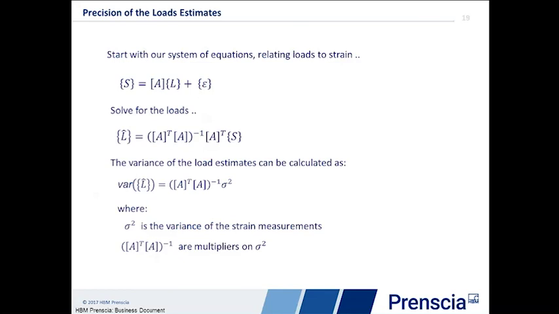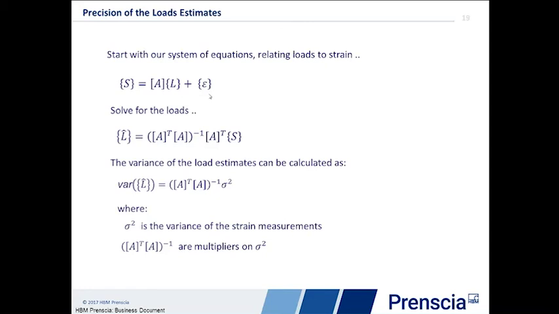We're going to go back and take a look at the equations just quickly and now talk about the error estimates. I had mentioned that when we looked at the equation that represented loads to strains, there was a term that we ignored initially, and that was that every gauge has a set of strain errors associated with it.